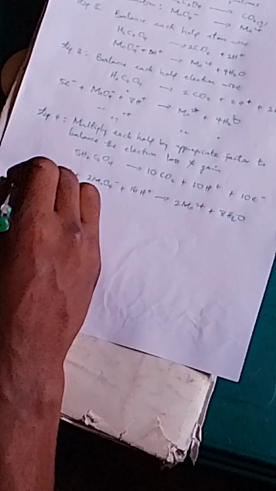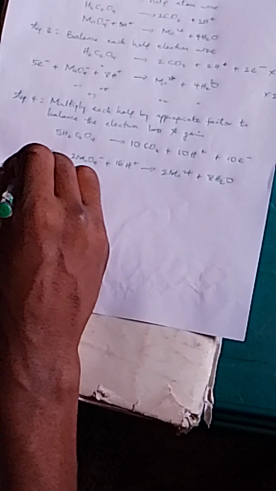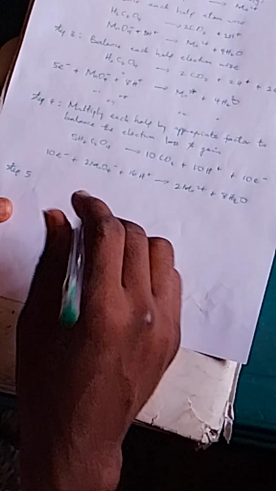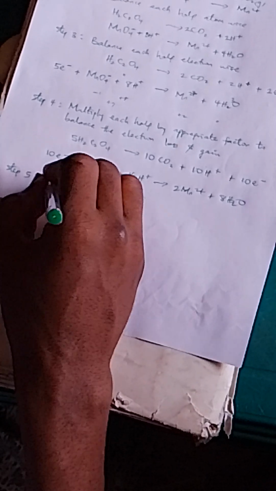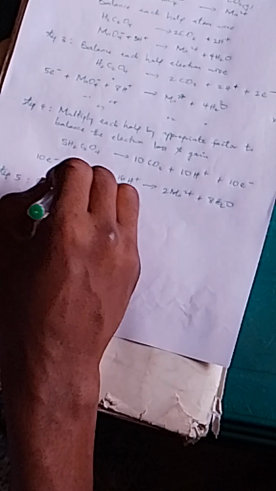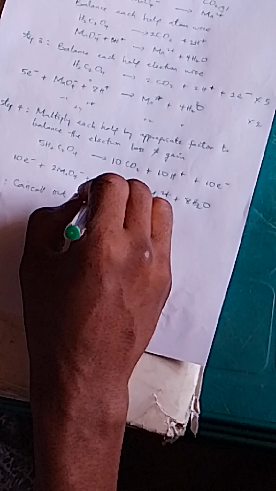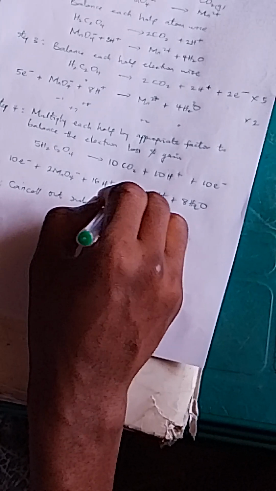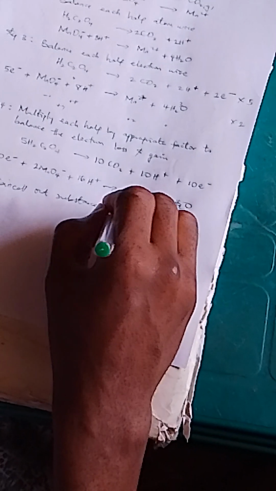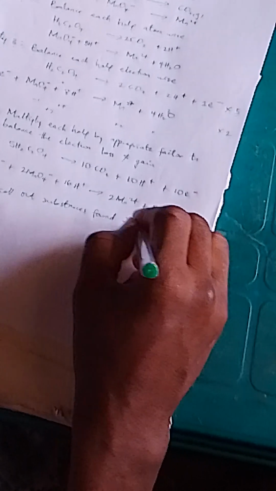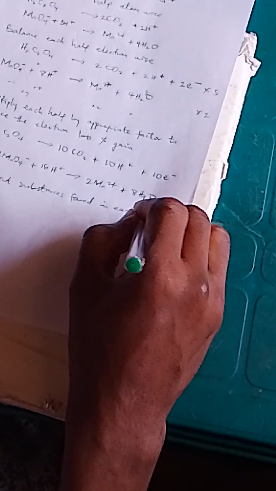So the next thing is for me to cancel out what is present in each of the halves, what is found here and is also found here. So let me just put it like this: cancel out substances, if I may use that word, found in each half.